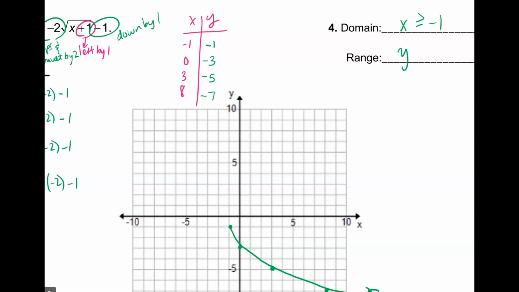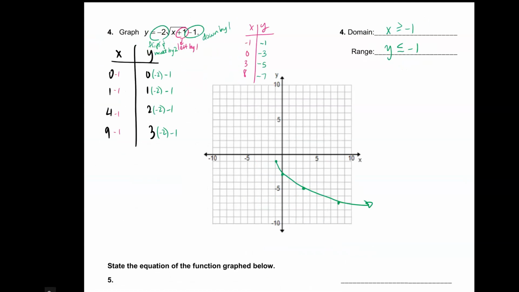The highest y value I have is -1. All of my y values are less than or equal to -1, because all of my y values are below -1.